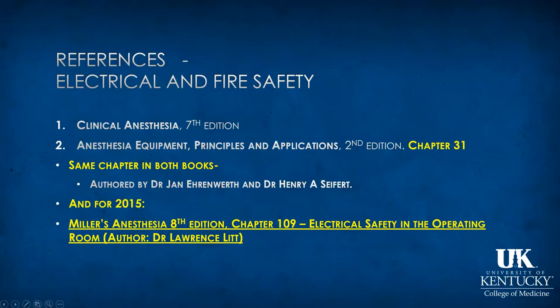The references that I'm using for this podcast are taken from the 7th edition of Clinical Anesthesia by Barash and from a textbook titled Anesthesia Equipment Principles and Applications, 2nd edition, both authored by Dr. Ehrenwerth and Dr. Seifert. And new for this podcast, I'm using chapter 109 from Miller's Anesthesia 8th edition.